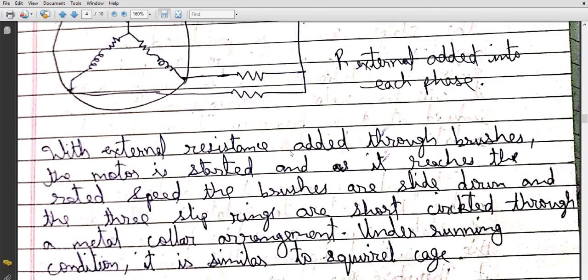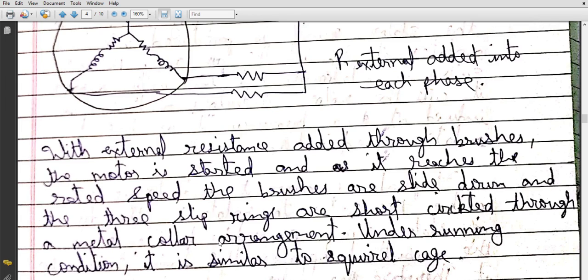With external resistance added through brushes, the motor is started. As it reaches the rated speed, the brushes are slid down, and the three slip rings are short circuited through a metal collar arrangement. Under running condition, it is similar to a squirrel cage type. So you got the point.